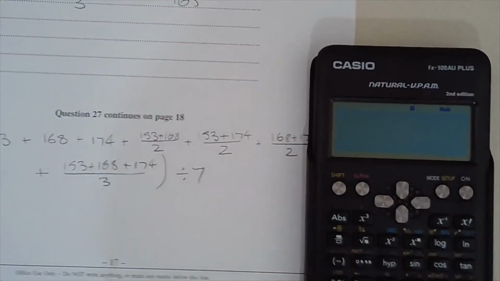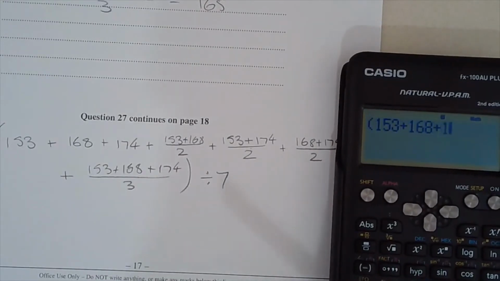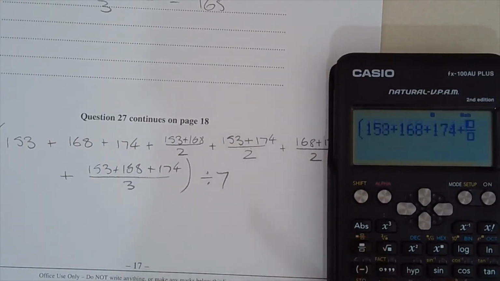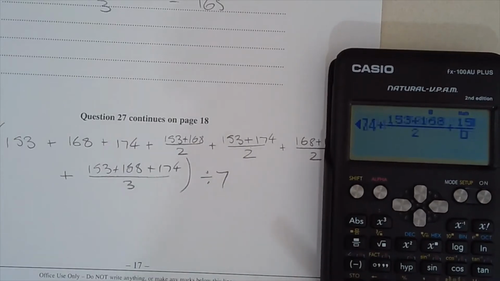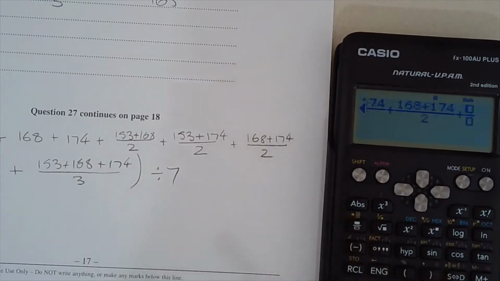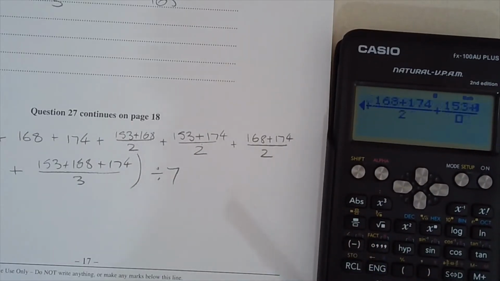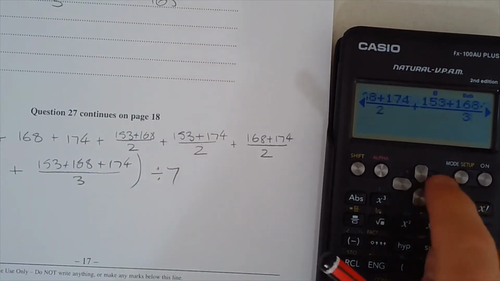So, okay, right, 153 plus 168 plus 174 plus 153 plus 168 over 2, plus 153 plus 174 over 2, plus 168 plus 174 all over 2, plus 153 plus 168 plus 174 over 3, since it's a sample size of 3.